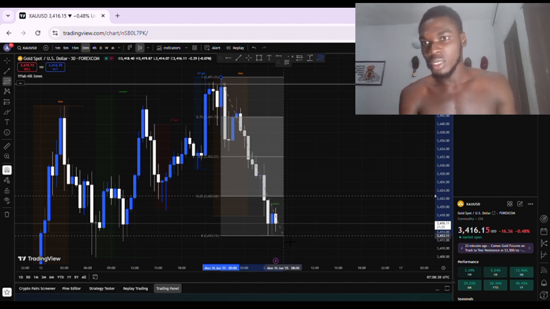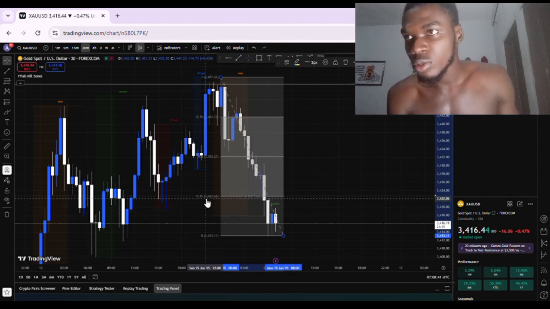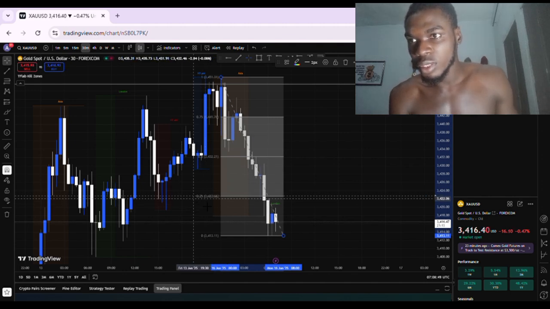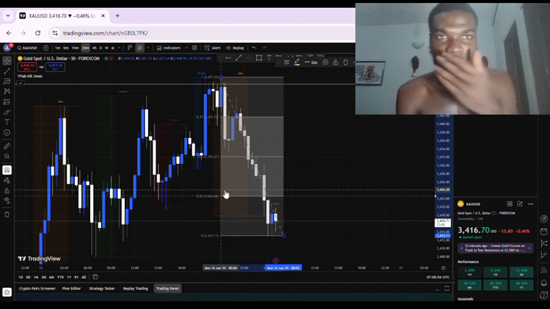I go to the 30 minutes time frame, then I carry this Fibonacci just to get my area of value. Once I've gotten this point, that's 0.5.